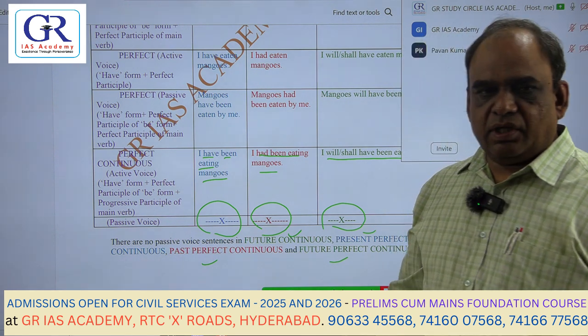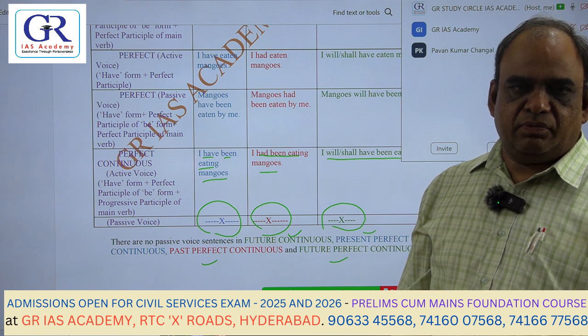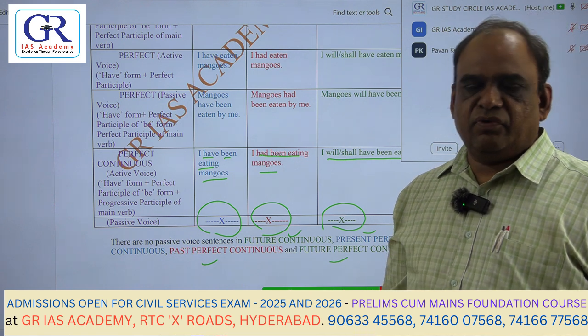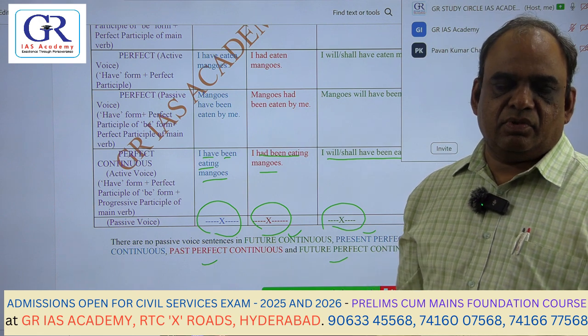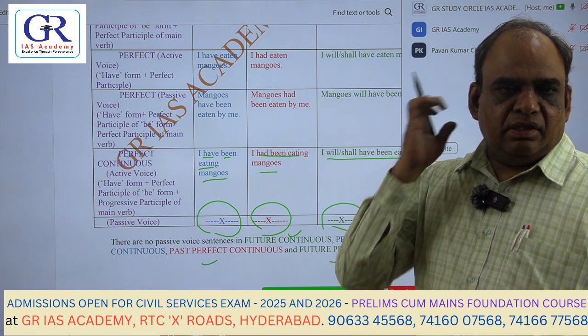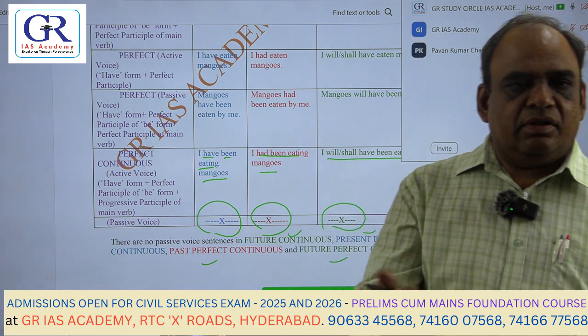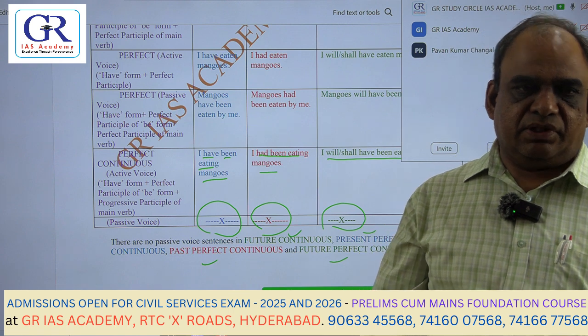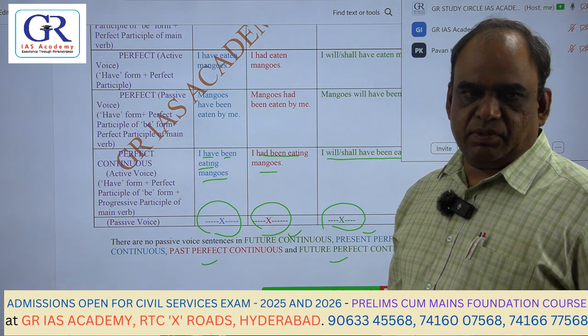From Monday you can start regular classes from 2 p.m. to 6 p.m. 2 to 4 there will be general class, general studies, and 4 p.m. to 6 p.m. again we will have some demo class, some subject. Okay? So from Monday onwards it will be 2 p.m. to 6 p.m. regular classes.